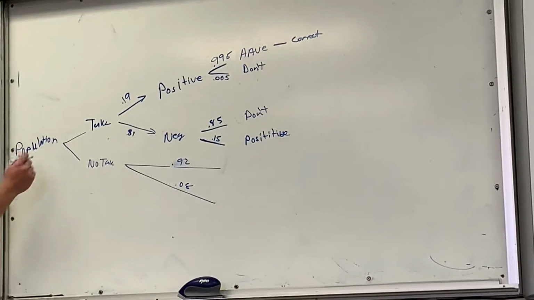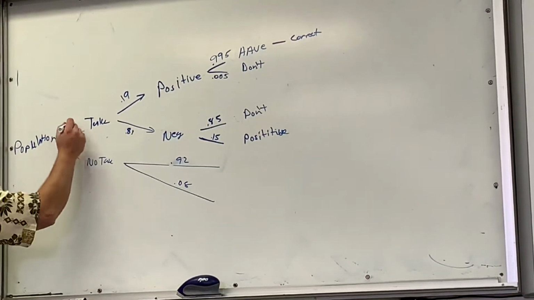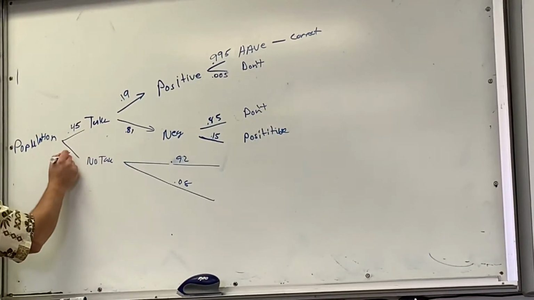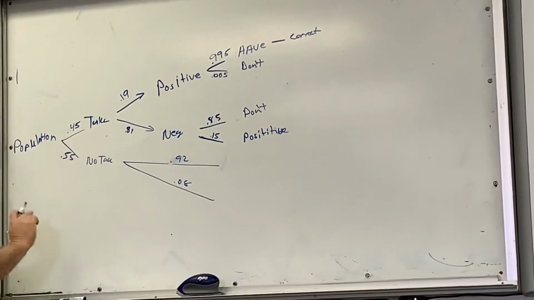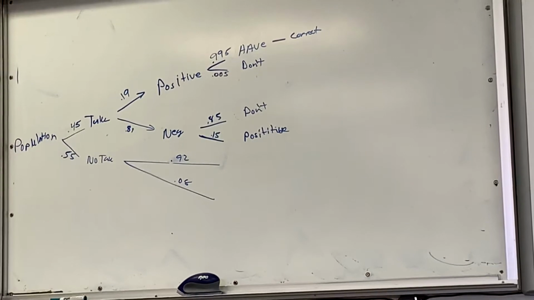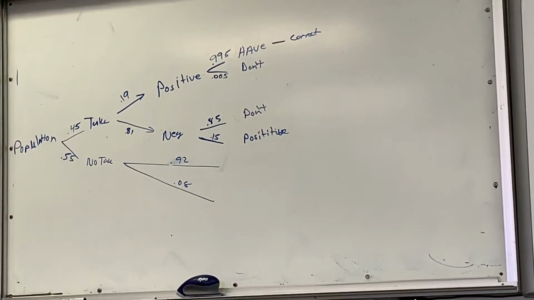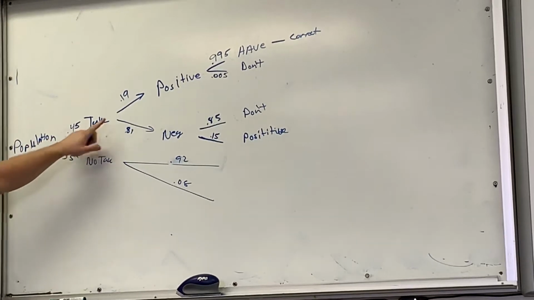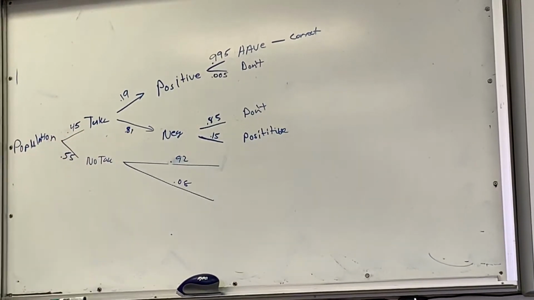So we'll say, though, I'll meet you halfway. We'll go like 45% and 55%. Okay? I'll go that much with you. But I really think that the 68% is way too high because I'm guaranteeing you they're counting people who have taken it more than once. You see what I mean? But let's say 45% of the population has taken the test and 55% haven't taken it.